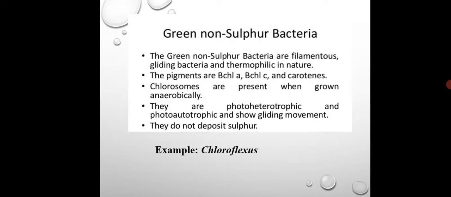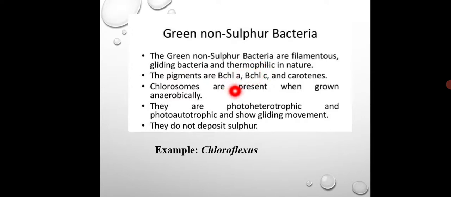If we speak about the green non-sulfur bacteria, these are filamentous, gliding bacteria and thermophilic in nature. They are motile, and the movement is done with the help of gliding action, meaning slippery, sliding-like action.